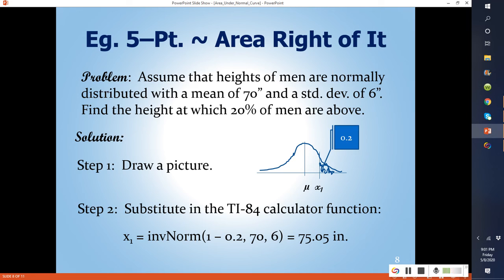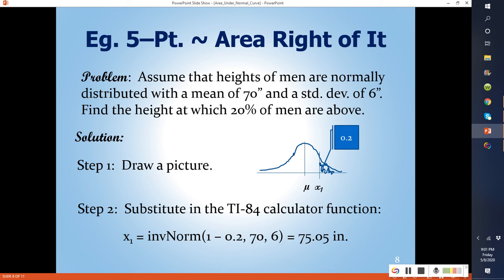If you do leave off the mu and sigma, the calculator is going to assume that they are 0 and 1, and you would not get an x value, you will get a z value. But that doesn't mean you cannot use the z value, because you can always convert z values to x values.